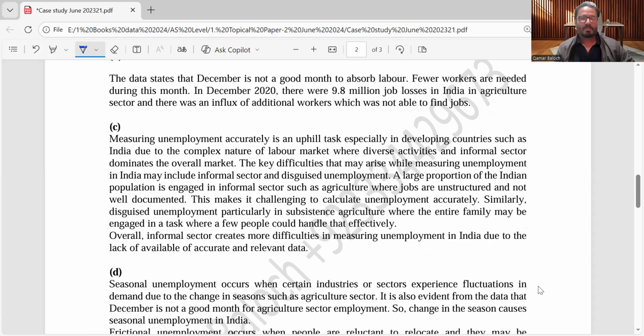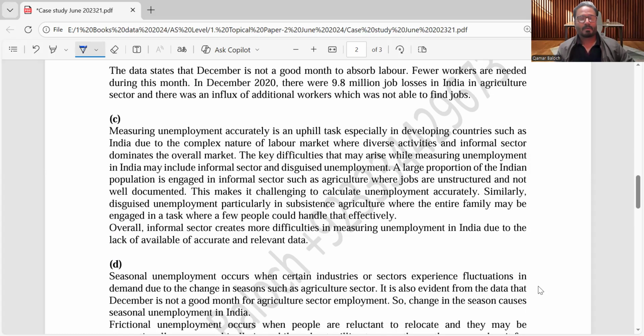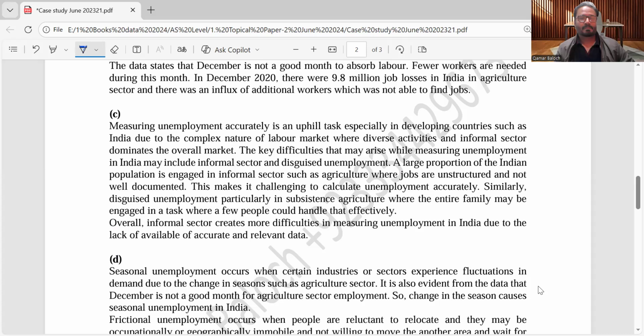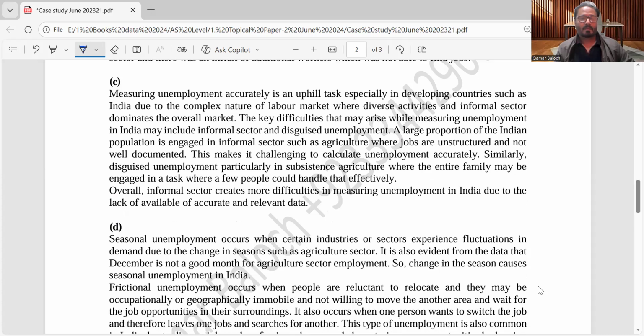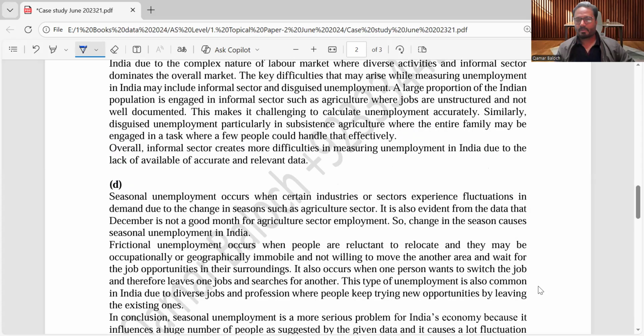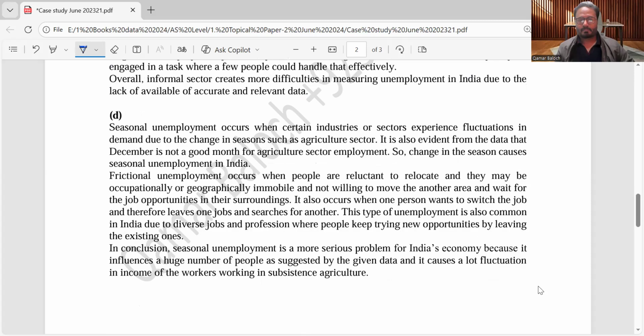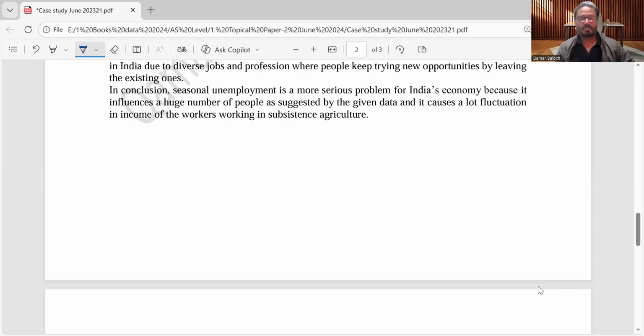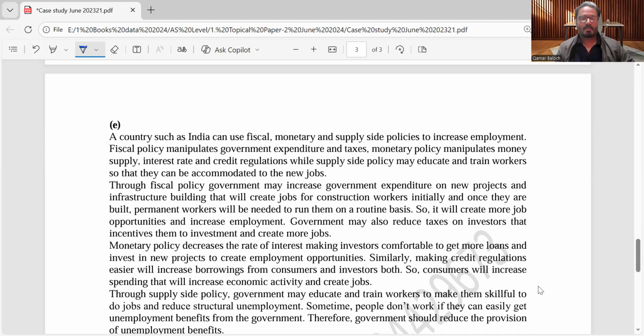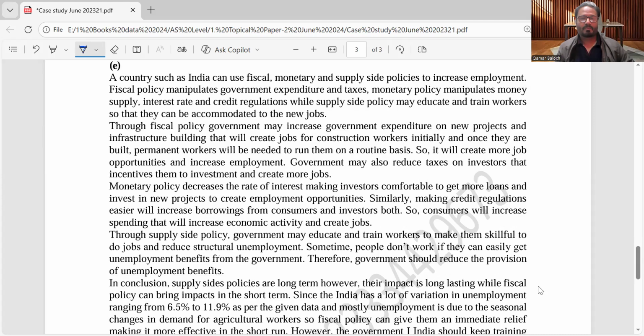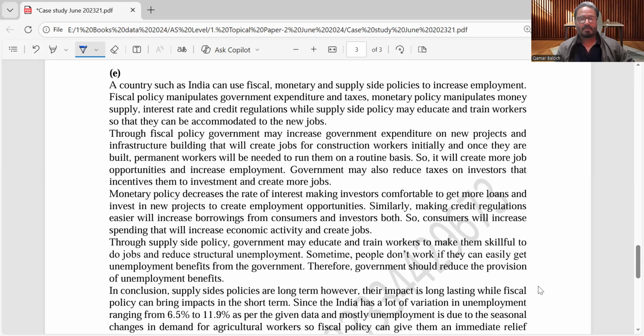And this is part C. Read it thoroughly. And then part D, you can stop the video and read it. I'm showing you the answers. Okay, the last part is part E. So you read it carefully as well.